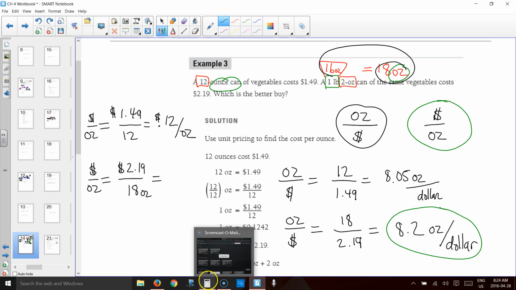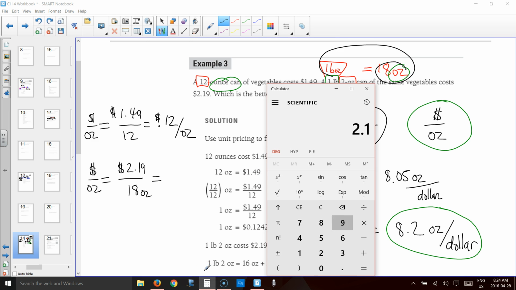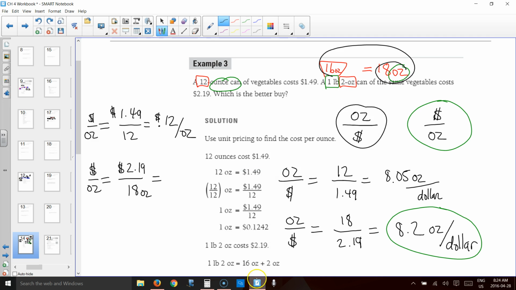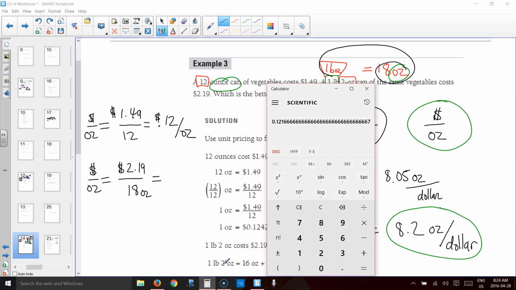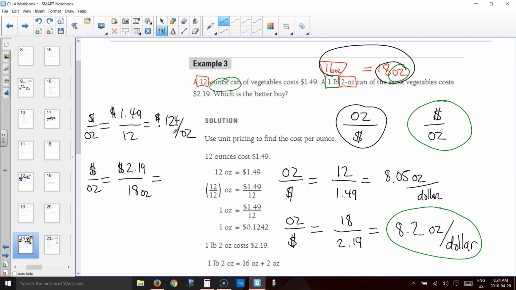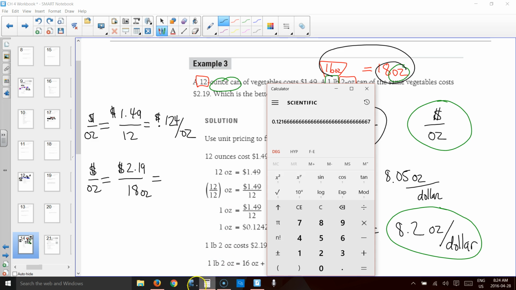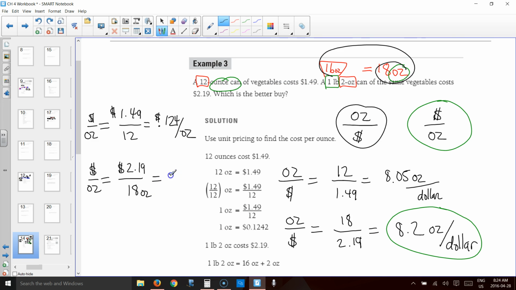Let's divide the money, $2.19, by the number of ounces, and we get 12 cents. It's pretty much the same, isn't it? It was 12 cents in both cases, but this was 0.124, and this one was 0.122 rounded. So $0.122 per ounce.